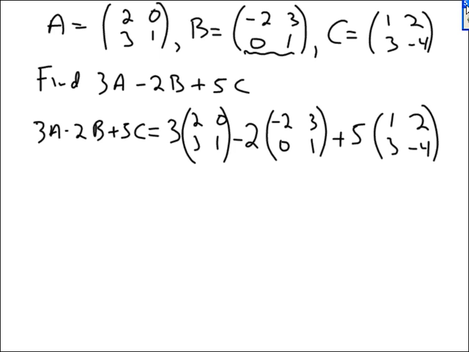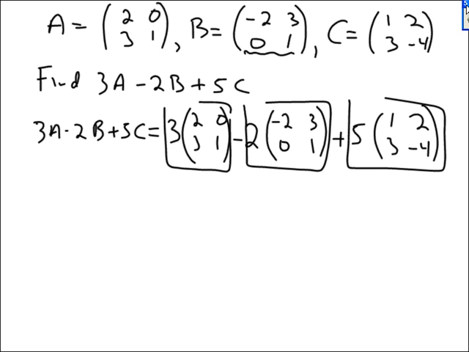Before you can add and subtract, you have to do the scalar multiplication first. That is, it's this matrix minus this matrix plus that matrix. And what is this first matrix?